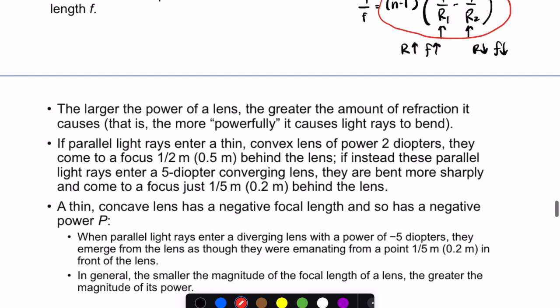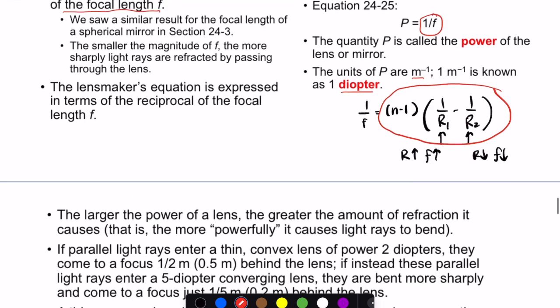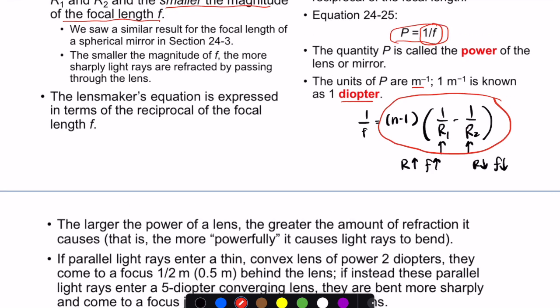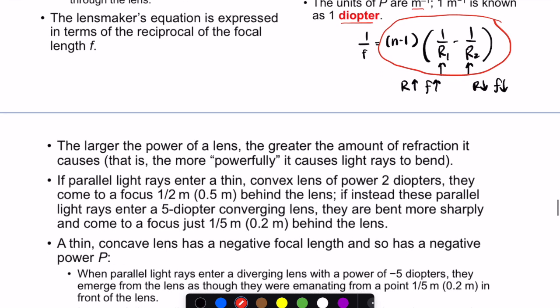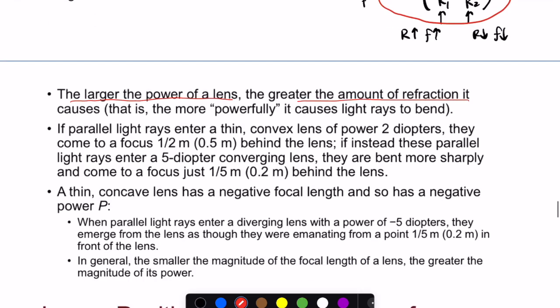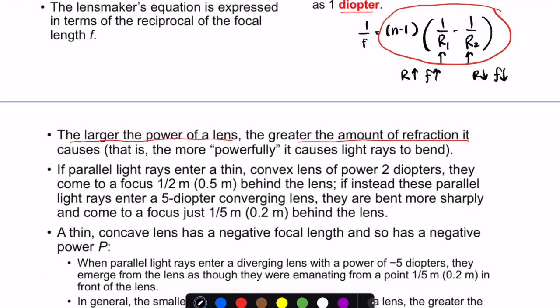So the larger the power, now why did we do this? Why are we calling 1 over f power? Here's why, because then this makes sense. The larger the power of a lens, the greater amount of refraction it causes, the more powerfully it causes light to bend. Let's draw a picture. Say we have a lens here, and another lens here. This lens has a focal length of 2f, and this lens has a focal length of f.